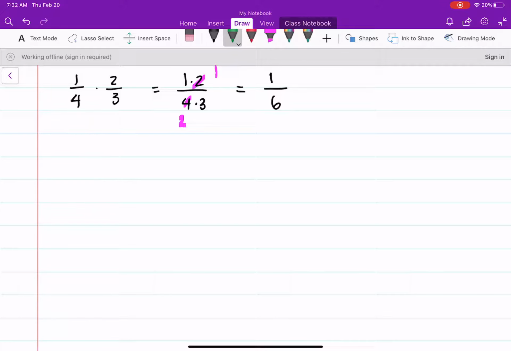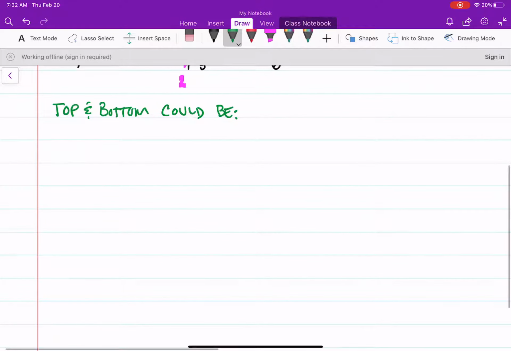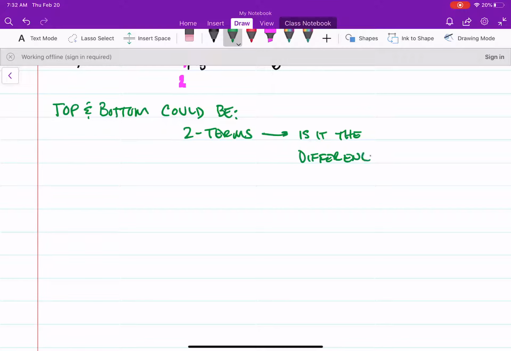So top and bottom could be 2 terms. So we would ask ourselves, is it the difference of 2 squares?